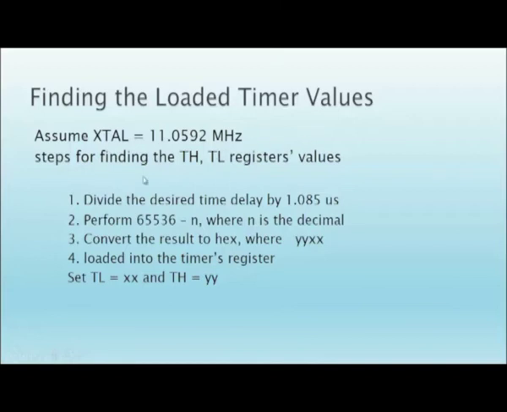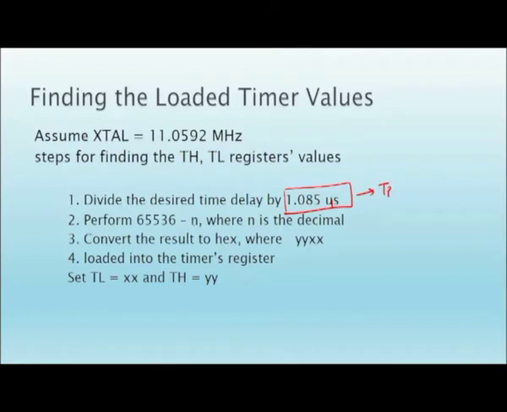The given frequency is divided by 12, then by taking the inverse I take it as the time delay. So, the time delay is calculated as 1.085 microseconds. This is for a single pulse.